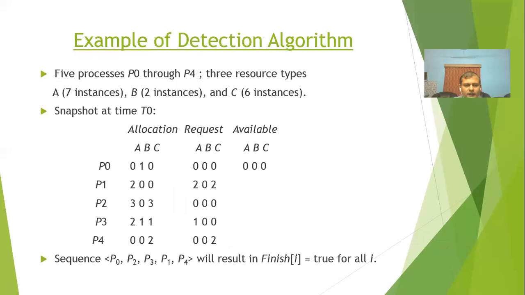Now see here, if you finish the process P0, how will the particular resources change? We will have only one instance of resource B available to us. But if you see the requests of the other processes, say for example P1, P2, P3, and P4, we will not be able to satisfy any of those requests because we have only one instance of resource class B available to us.